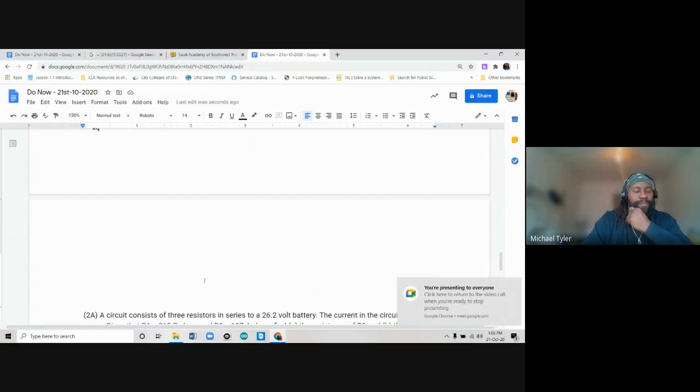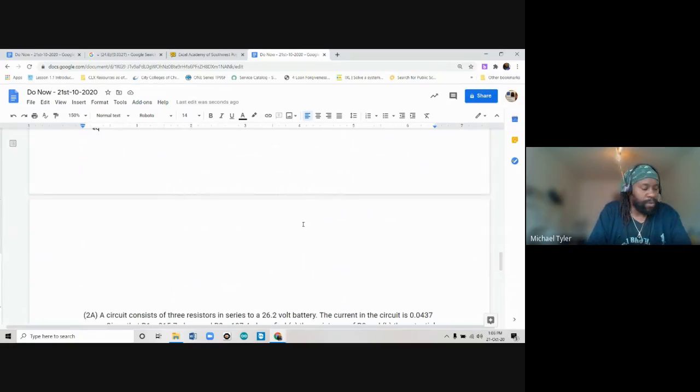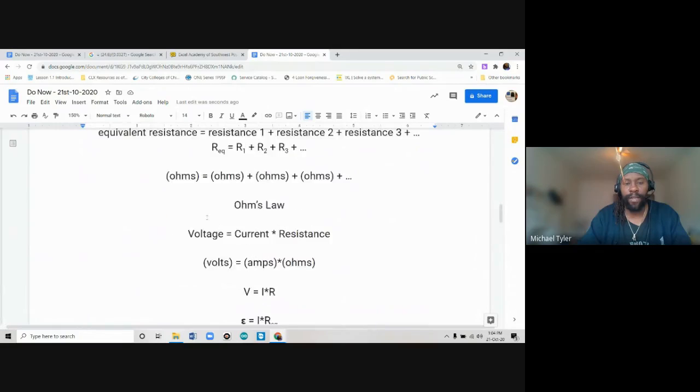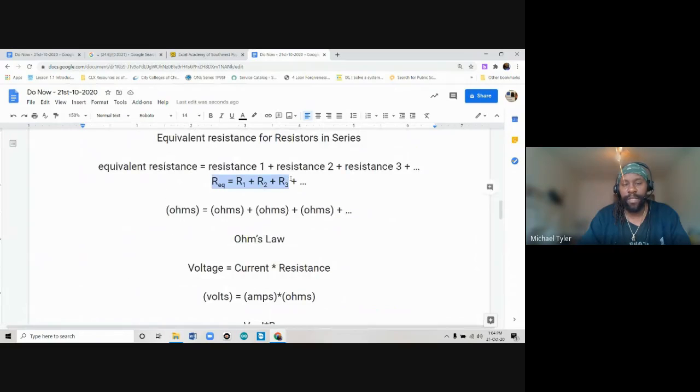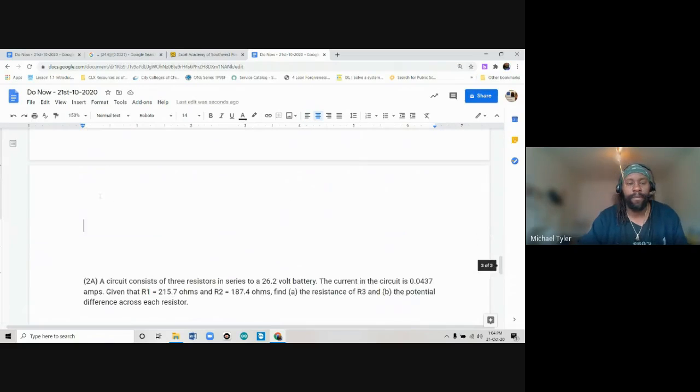Next, we got to figure out what R3 is, right? That was in our known unknowns that we were looking for. So let's go through it. We have the situation where we want to find REQ, and REQ is, if we look here, basically this situation that we talked about a long time ago. So I'm going to copy that from there and put that here, right?